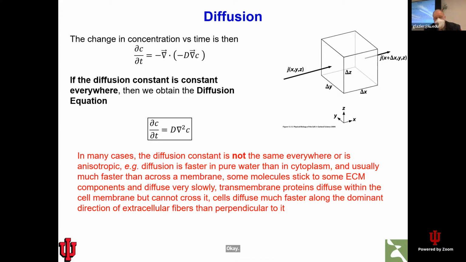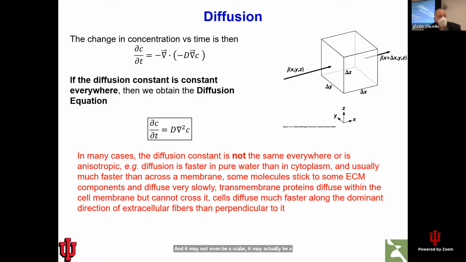Now, again, it's important to remember that in biology, unlike, say, diffusion in water, where water has basically the same diffusion constant everywhere, the diffusion constant is not the same everywhere, and it may not even be a scalar. It may actually be a vector or a tensor.